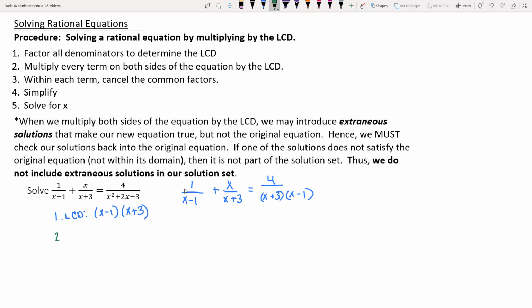So then what we would go ahead and do is we would multiply, so our step 2 is we would multiply our rational equation by our LCD. So take x minus 1 times x plus 3 times each of the terms that we have.